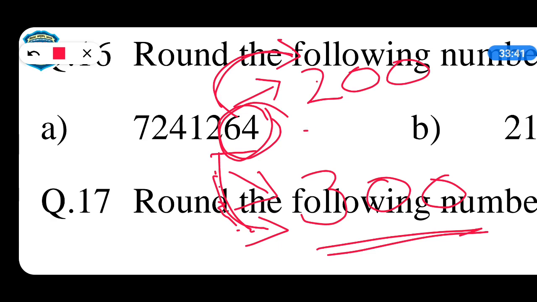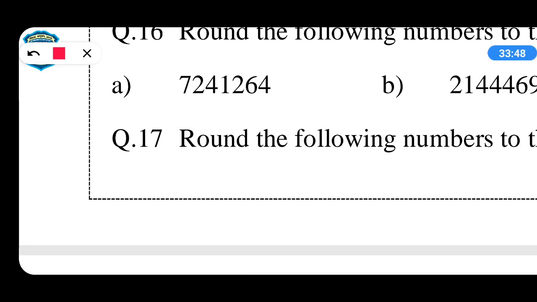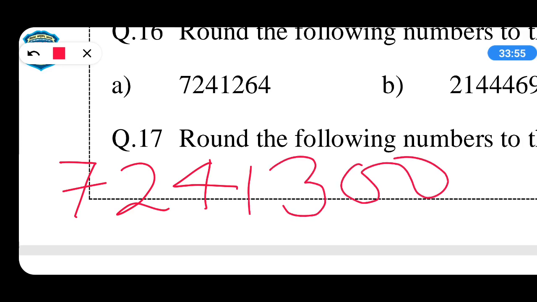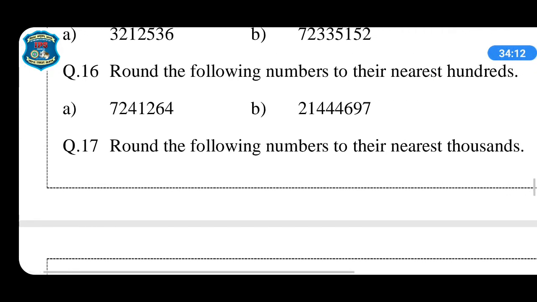Then you have to write this number will become 7 2 4 1 300. So you will now read the number, 72,41,300, right? So it is the nearest 100 of the given number, right?